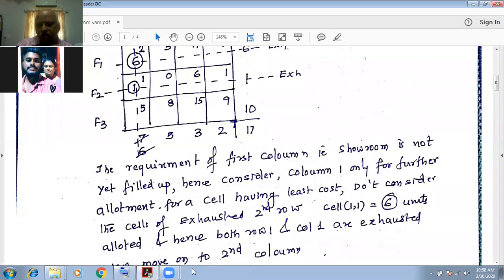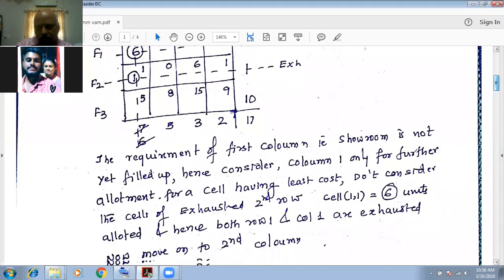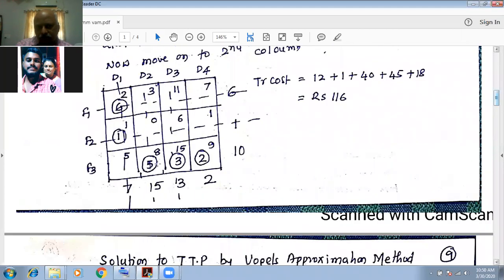Therefore I have considered that cell number 11 can still take 6 units, which I have supplied from factory 1. Now both F1 is exhausted and column number 1 is exhausted, and this is the situation we are left with: cell number 32, cell number 33, and cell number 34.